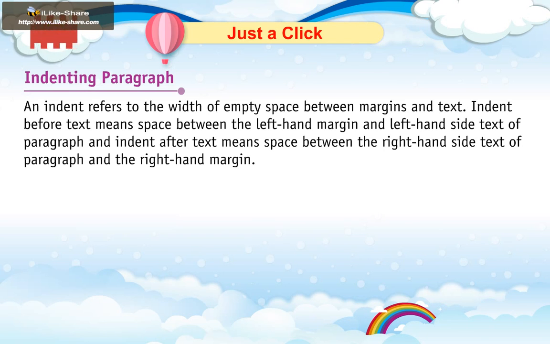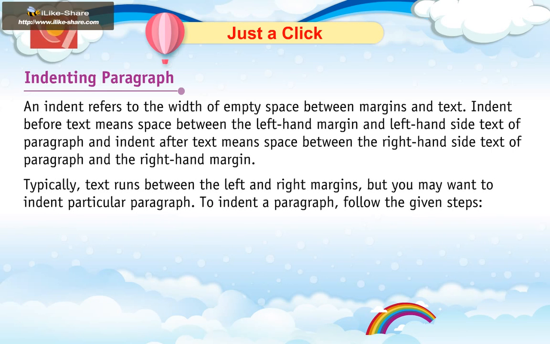An indent after text means space between the right-hand side text of the paragraph and the right-hand margin. Typically, text runs between the left and right margins, but you may want to indent a particular paragraph.